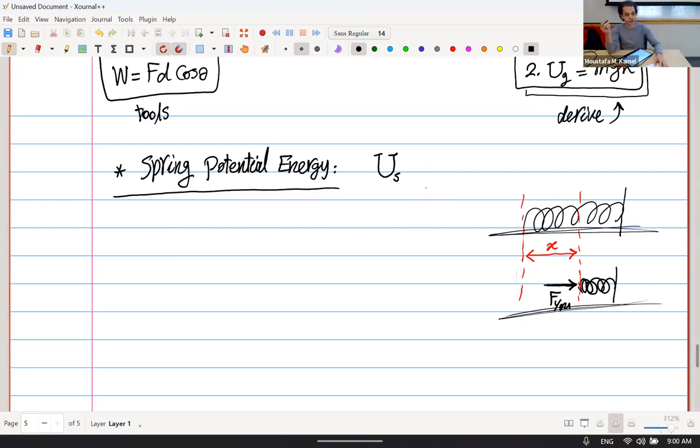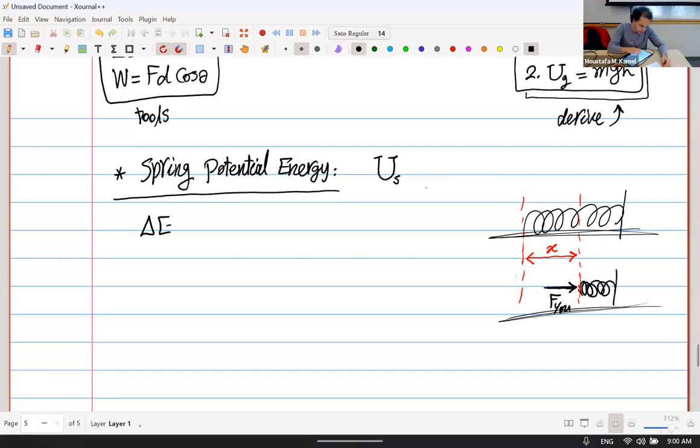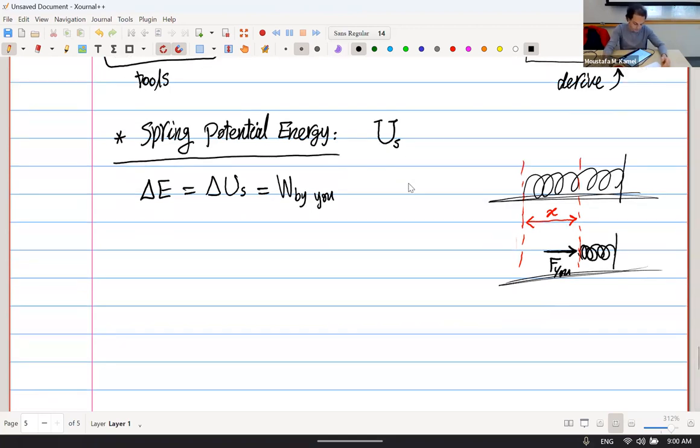No change in gravitational potential energy because it's on the same level, so the height doesn't change. So again, the only thing changing is the quantity we want to calculate, which is why we set up the problem this way. So the change in energy is just the change in spring potential energy. And this is equal to the work done by you on the spring. Same procedure.